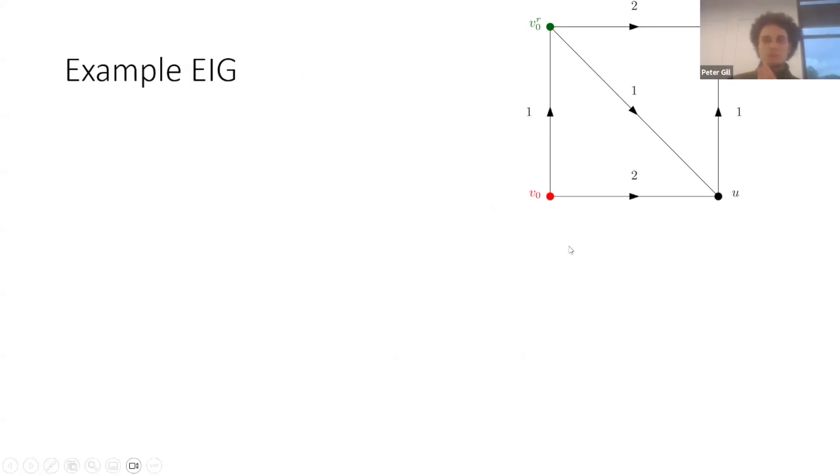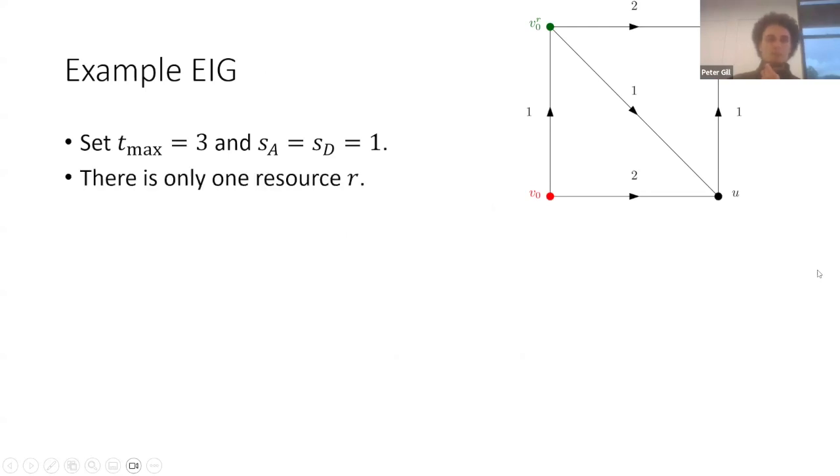So here's my graph, a very simple, small graph. I'm going to set those as my parameters. There's only going to be one resource R. Resources you can think of as the individual policeman, but the defender takes care of all the resources at the same time. So here I'm only allowing one police.